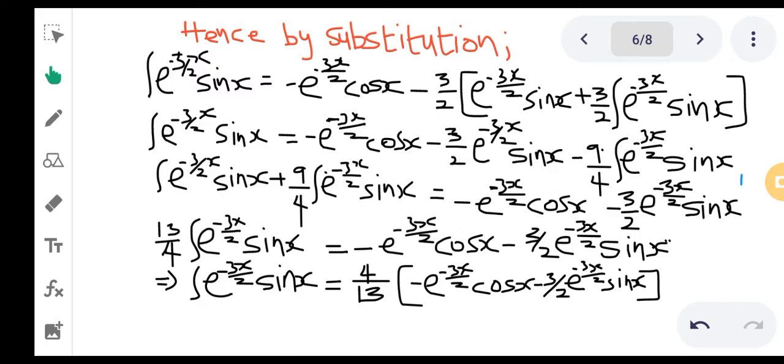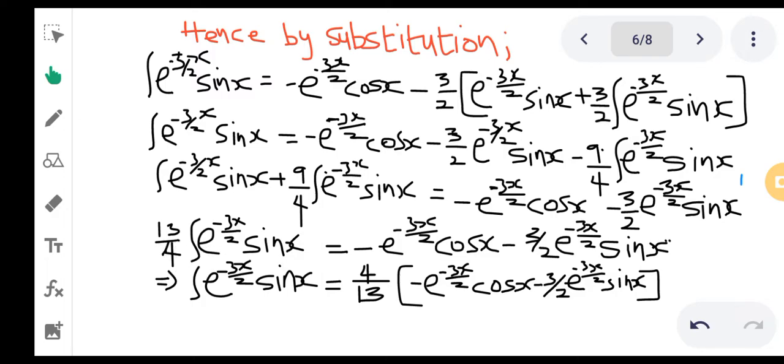When you add the whole of this, you are going to get 13 over 4, because the constant here is 1. So 1 plus 9 over 4 gives 13 over 4. Because they are the same, just choose one, since the integral of e exponent minus 3x over 2 sine x is repeating, then add the coefficients, 1 plus 9 over 4, getting 13 over 4.